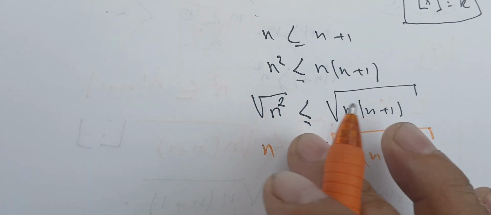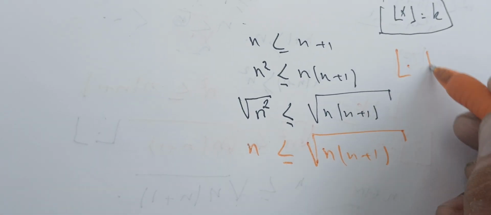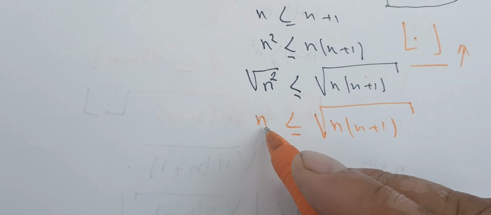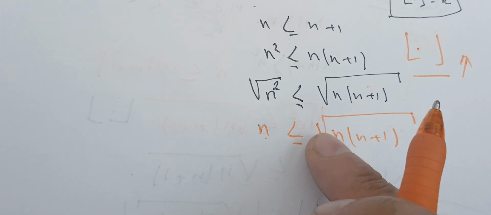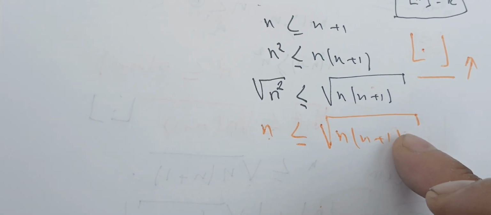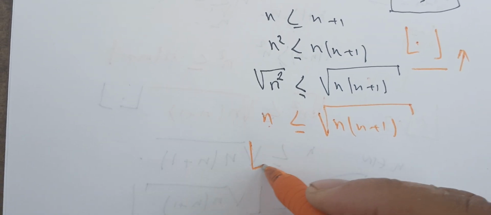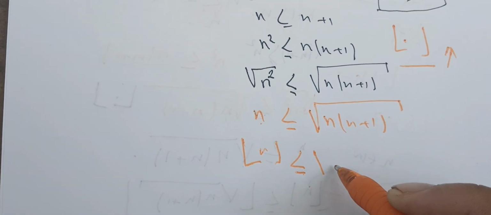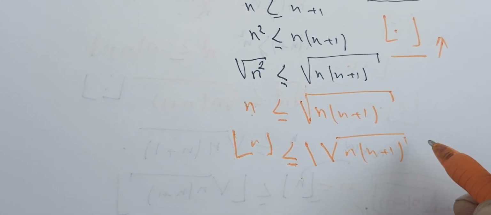Now the key idea is that the floor function is an increasing function. So n is less than the square root of n times (n plus 1). When we apply the floor function, we have the floor of n less than or equal to the floor of the square root of n times (n plus 1).